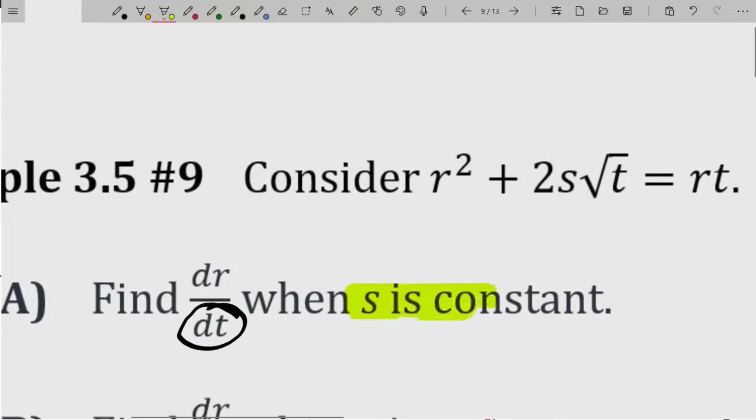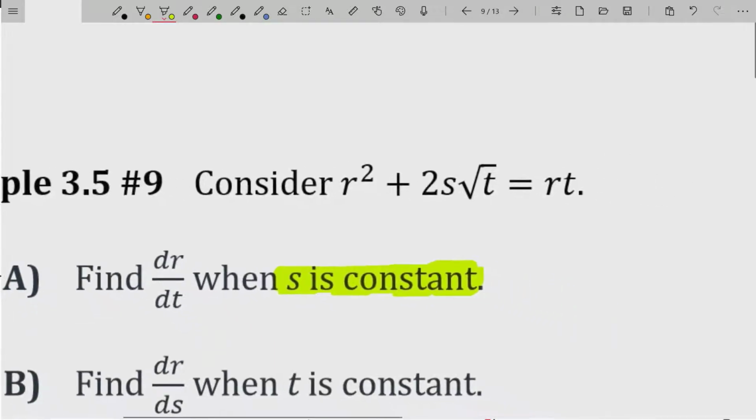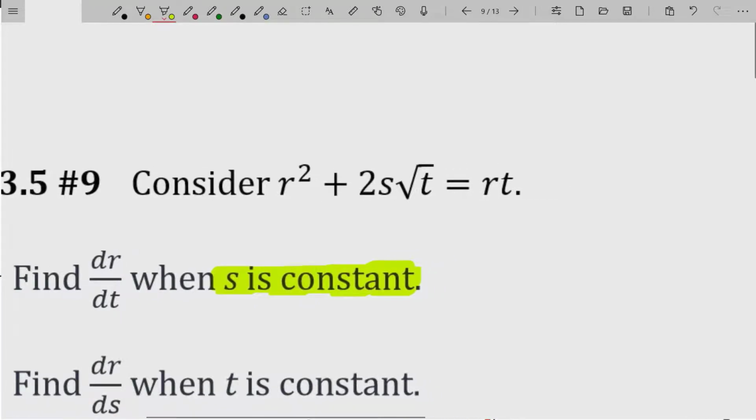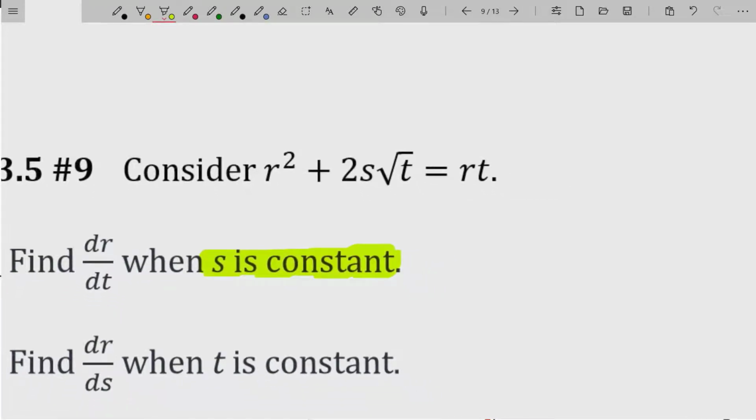So s is going to just be some constant for us, like a 5 or a -2 or something like that. So let's go ahead and do that. It plays just like all the other implicit differentiation problems we've done, with the exception that we do have some variable in there that is no longer a variable. That's totally okay.